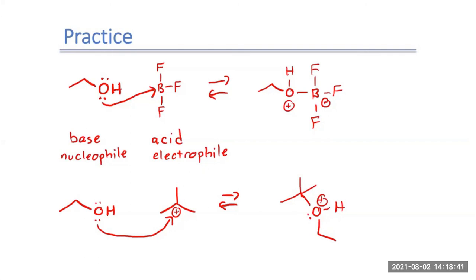Not too bad, right? As long as you can identify which one is electron rich and which one's electron deficient, you should be able to figure out which one does the attacking, which one gets attacked, or which one donates the electron pair and which one will receive the electron pair. And I do want you guys to start thinking about it more in terms of nucleophile and electrophile instead of acid-base.